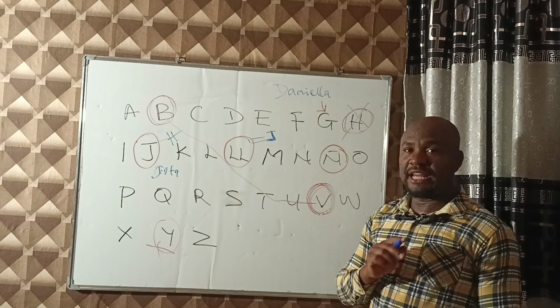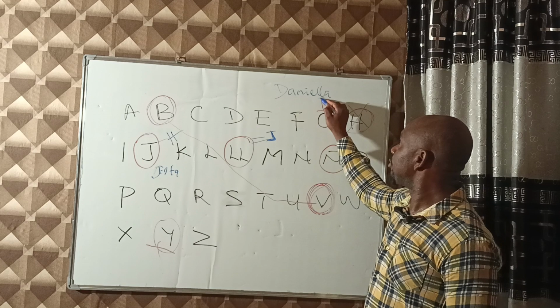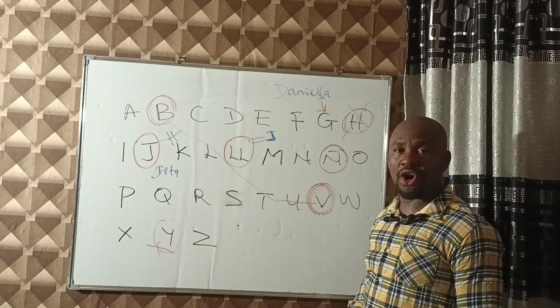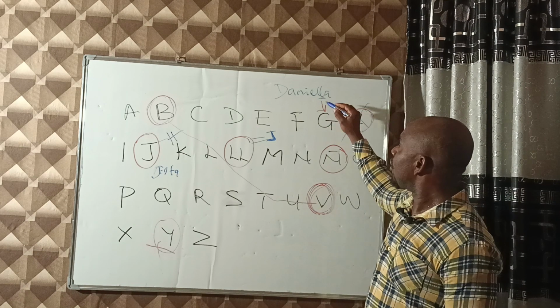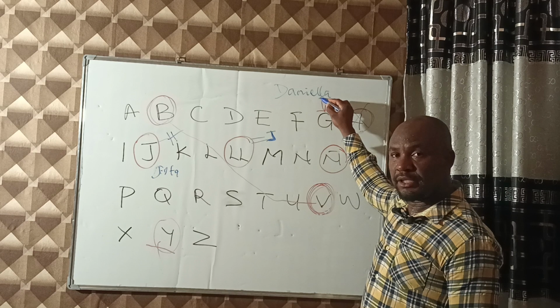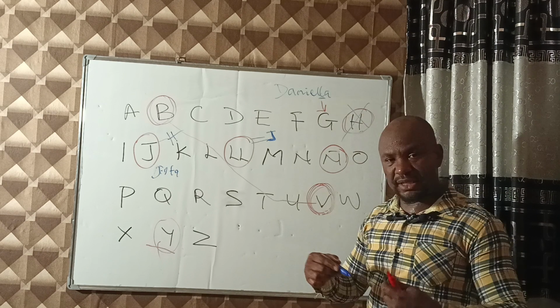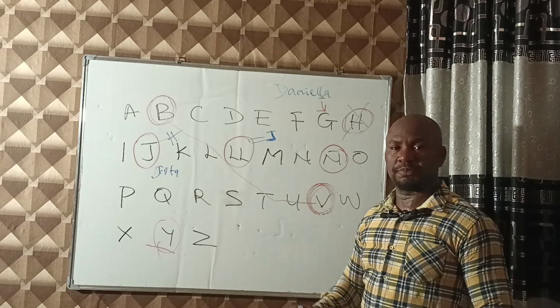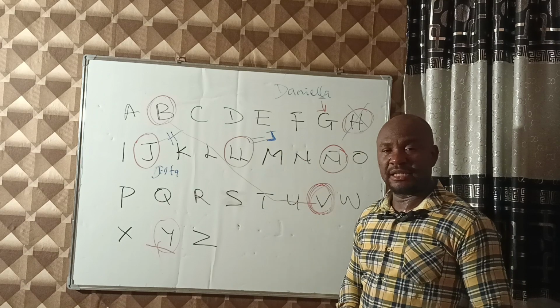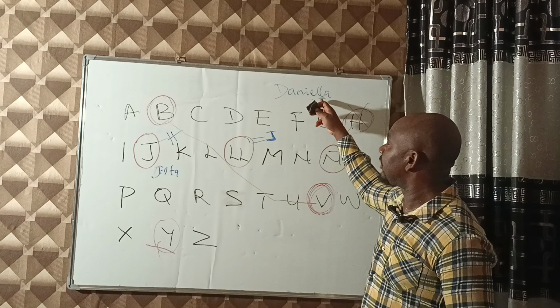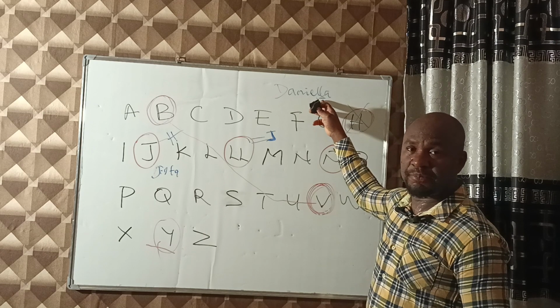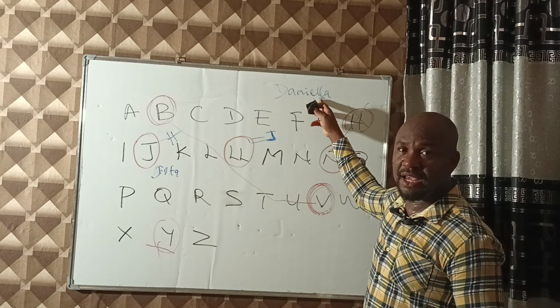okay? Now, in English, we hear a lot of people pronounce Daniela this way, which is wrong. Once you put double L here, it becomes Danieja, which does not exist in Spanish. Daniela is a Spanish word and Spanish name, so you don't write it this way. A lot of people write it this way. They are wrong.